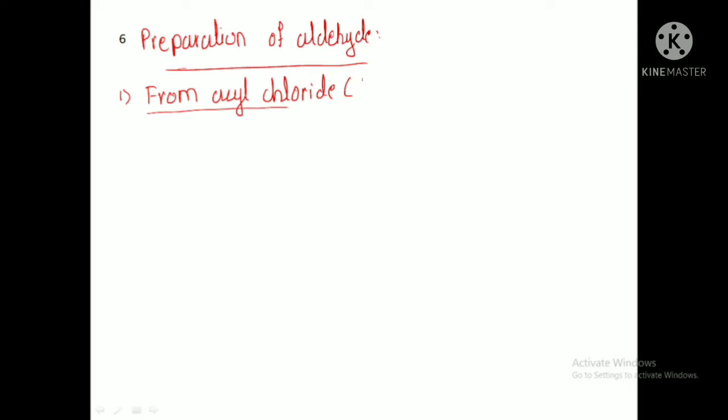This method is called Rosenmund reduction. That is, preparation of aldehydes from acyl chloride is called Rosenmund reduction. Here I will take acyl chloride, R C double bond O Cl. This C double bond O Cl group is called the acyl group.